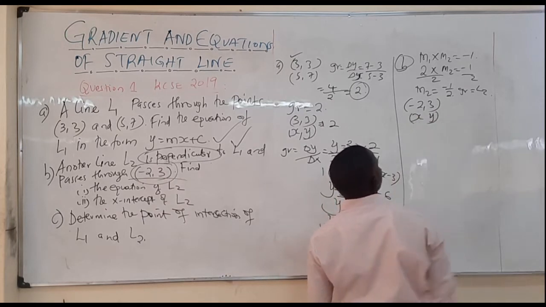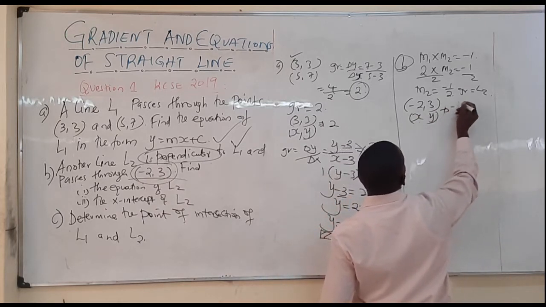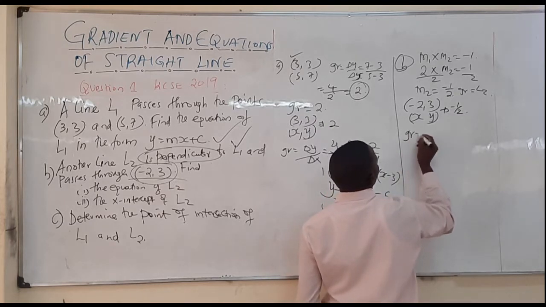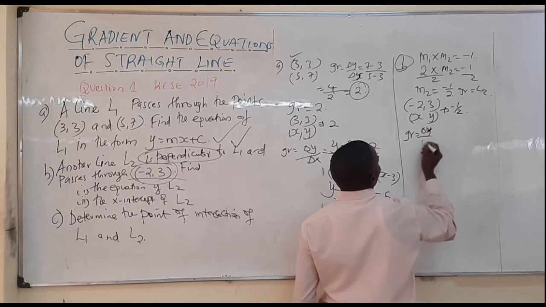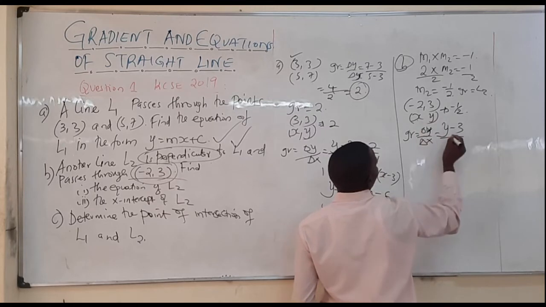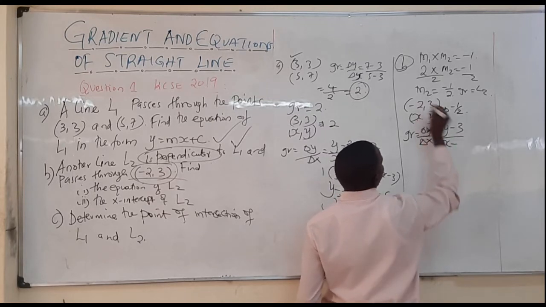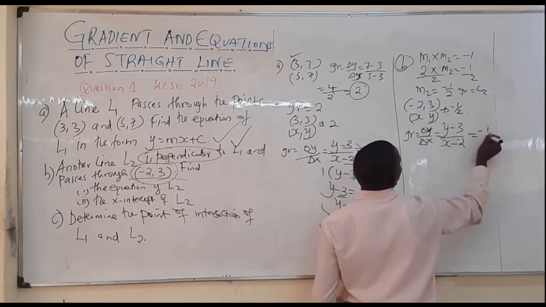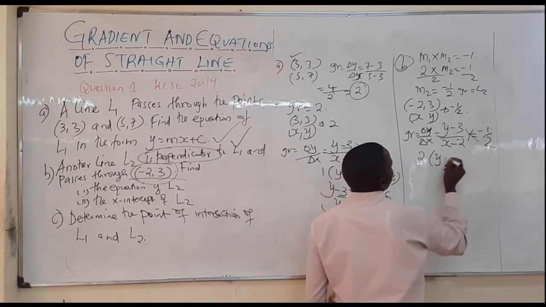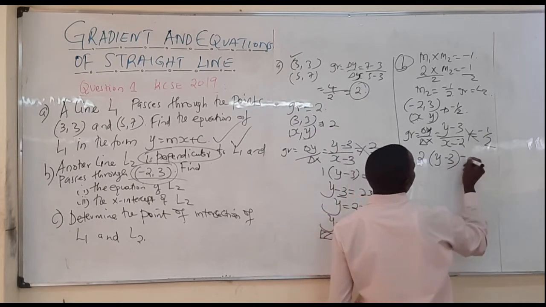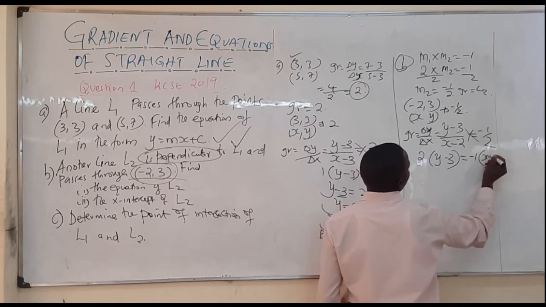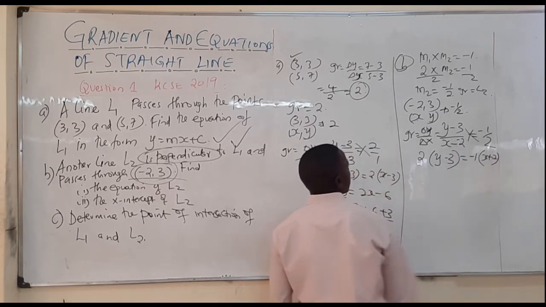We have an arbitrary point (x, y), and the gradient is -1/2. So change in y over change in x: (y - 3) divided by (x - (-2)) is equal to -1/2. Multiplying, we have 2 times (y - 3) is equal to -1 times (x + 2), because minus followed by minus is plus.